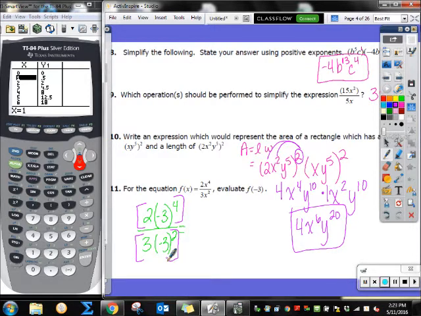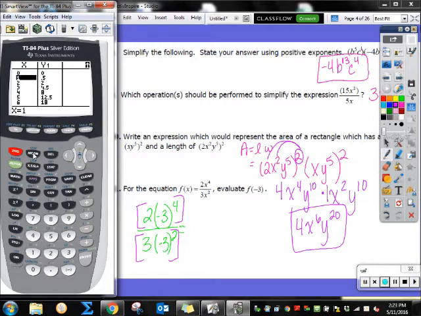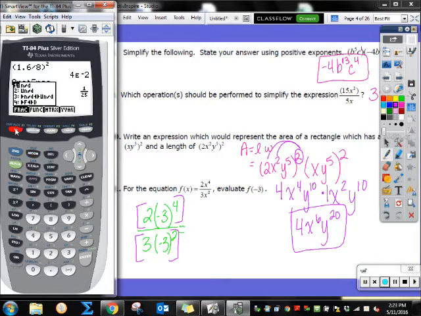Or I'm going to show you a quick trick in the calculator to make the top and the bottom separately. So if you hit alpha F1, this first one right here, that n divided by d stands for numerator and denominator. So if you press that, it's actually going to give you your fraction, and you can type it in. So 2 parentheses -3 caret to the 4th power.